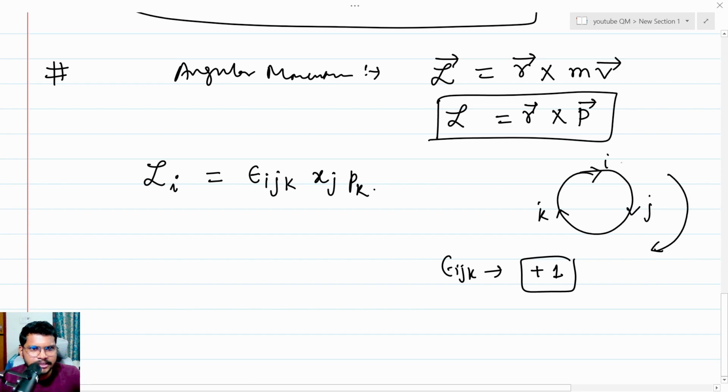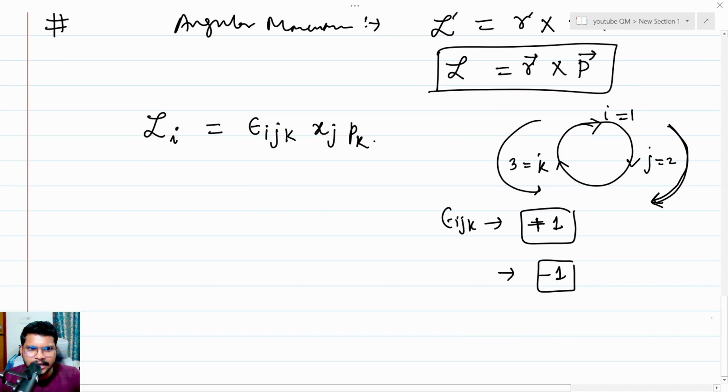Let us say ijk are 1, 2, and 3. As long as you are moving in a clockwise direction, the end result is always plus 1. If you are moving in a counterclockwise direction, it will take minus 1. And if any two indices are equal, let us say i is equal to j, it becomes 0.